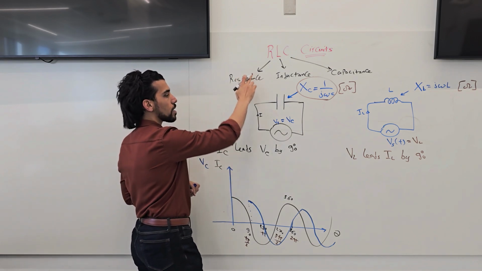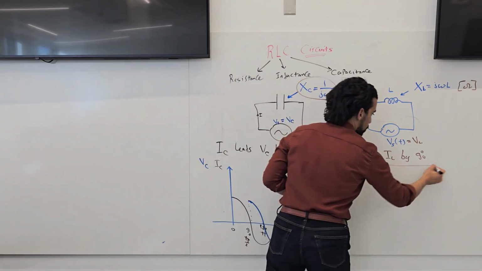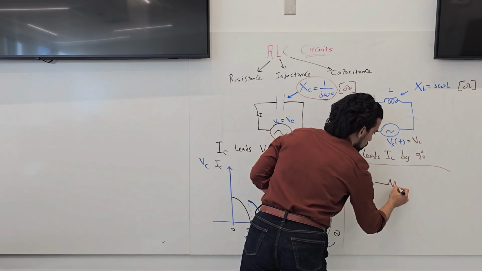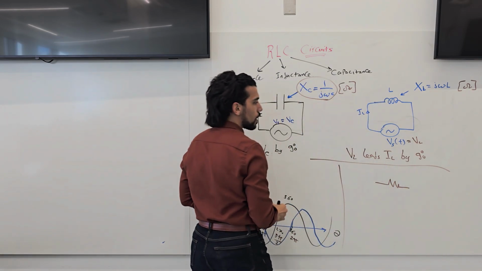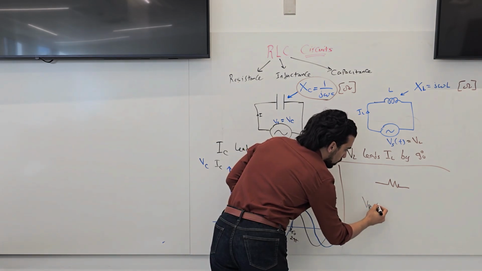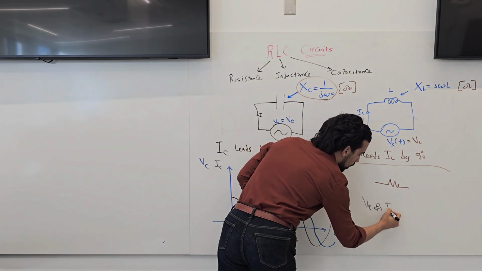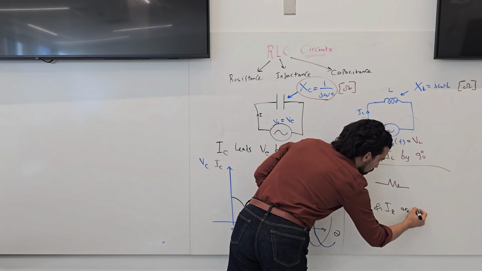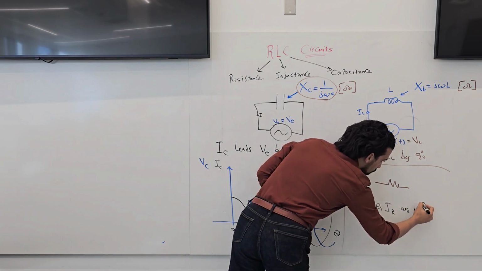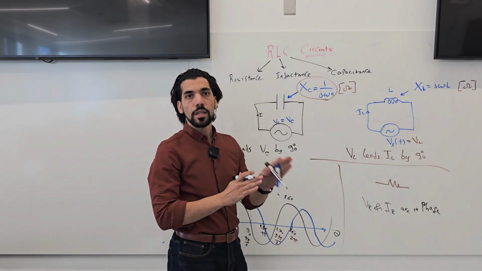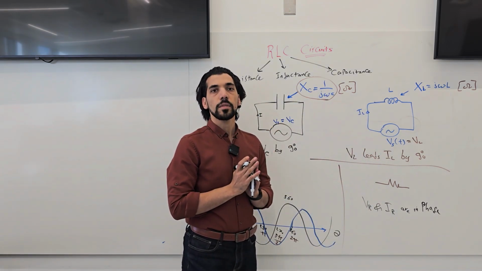In case of a resistance, which does not store any energy inside, usually the VR and IR, the voltage and the current of the resistor, are in phase. Which means the voltage and the current both come at the same time.